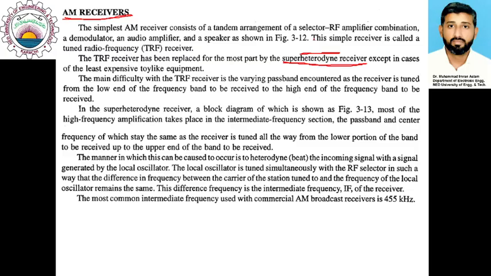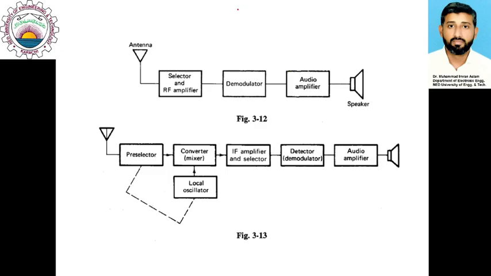So there is another receiver which is called the super heterodyne receiver. What is the difference between the basic receiver and a super heterodyne receiver? In the basic receiver we have only one demodulator where you demodulate the signal.